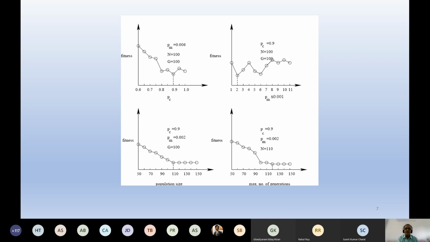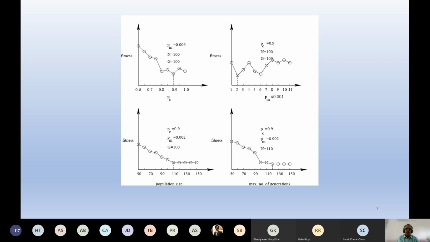Now you vary PM within its range, with N kept equal to 100 and G kept equal to 100. You'll get the minimum value corresponding to PM equals 2 multiplied by 0.001.